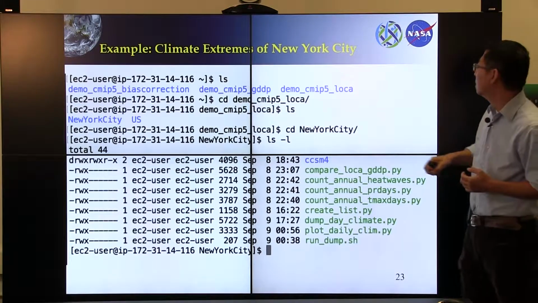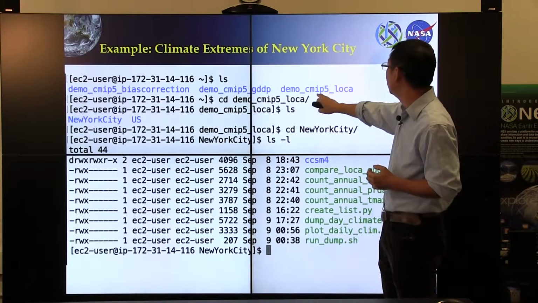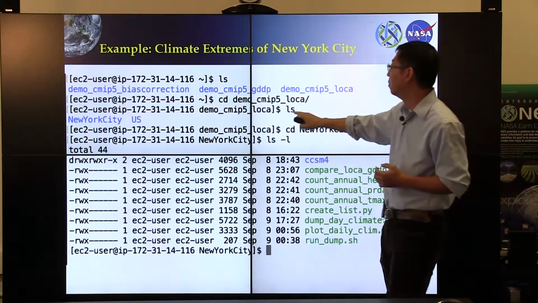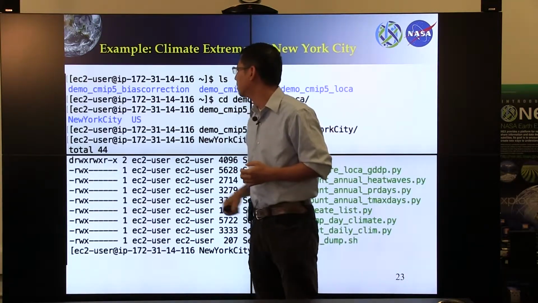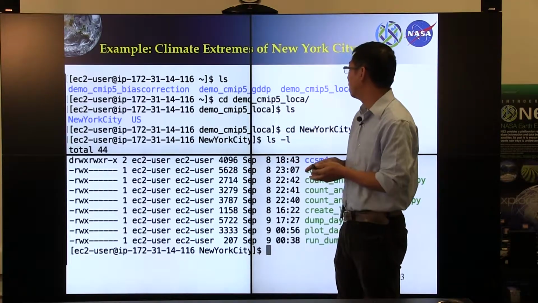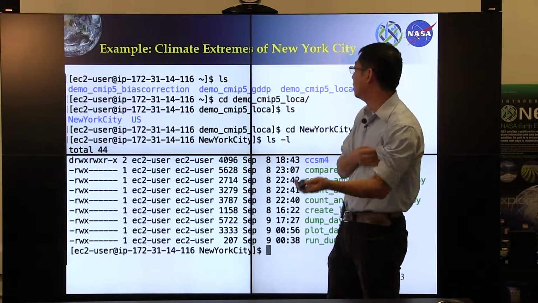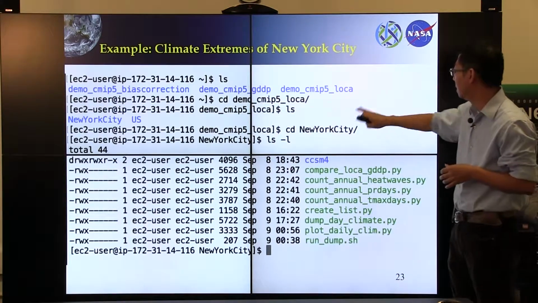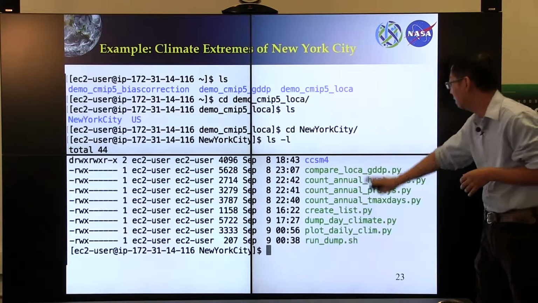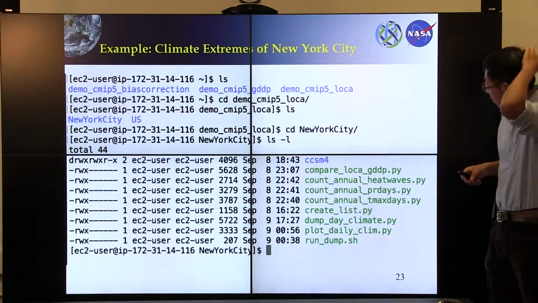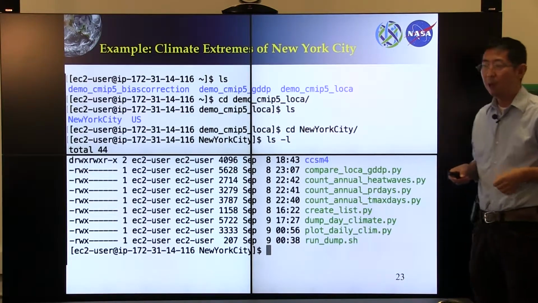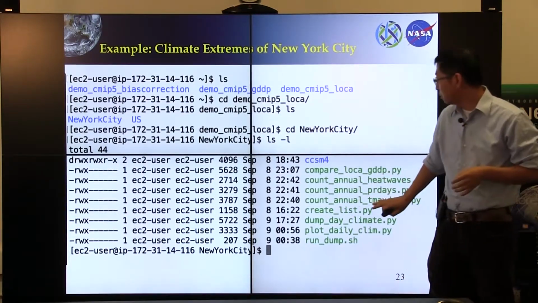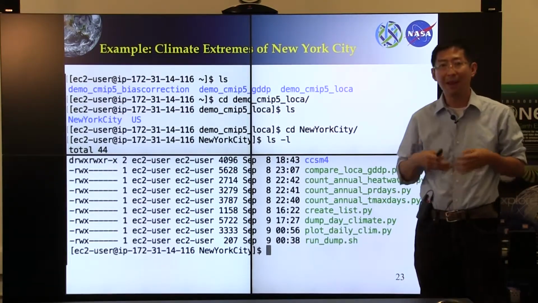So let's change directory into demo sim5_LOCA, and I have two subdirectories or folders there. We're going to change into New York City. Again, you can do an ls, and these are the basic scripts or Python code we're going to use. I have to say, these scripts are just provided as examples.